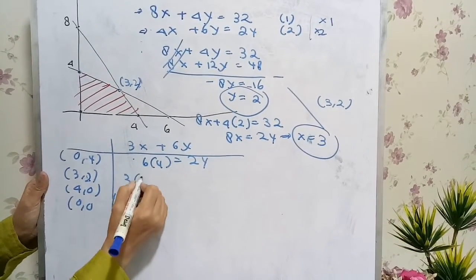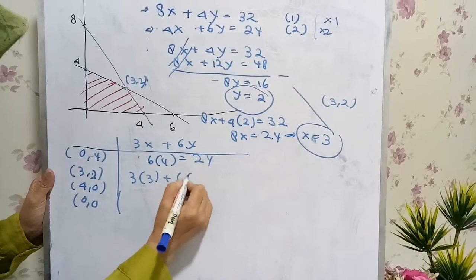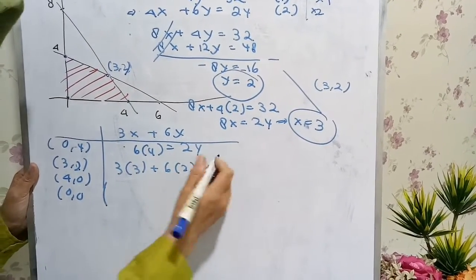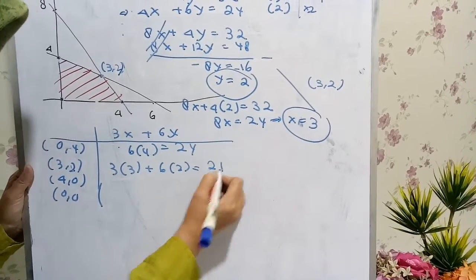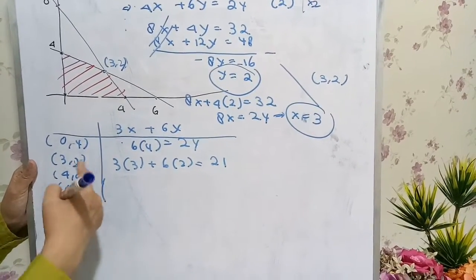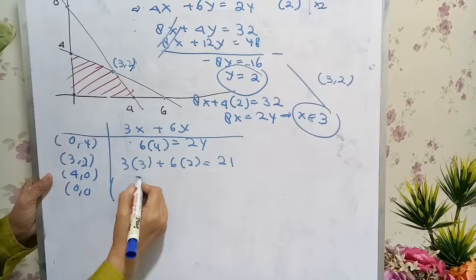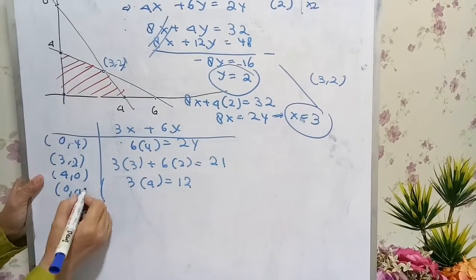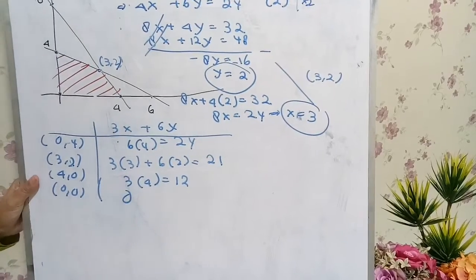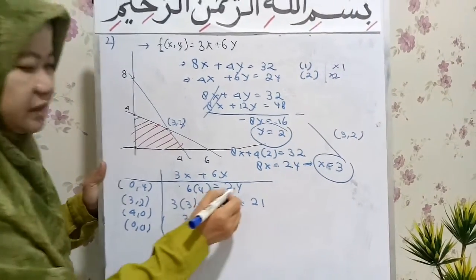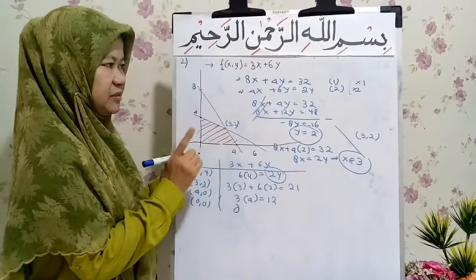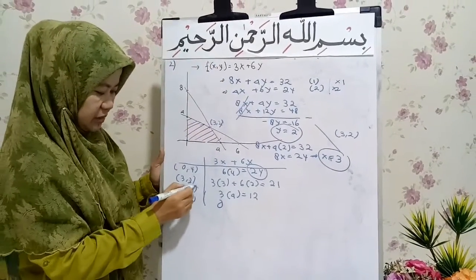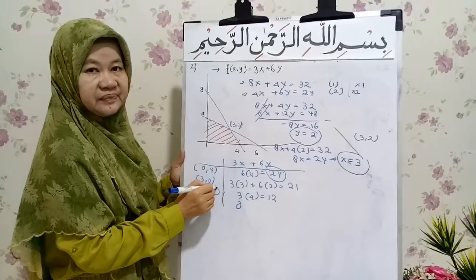This one, 3 times 3 plus 6 times 2 gives 9 plus 12, which is 21. For (4, 0), I don't have to calculate the y, so 3 times 4 gives us 12, and this one is 0. So the maximum is 24. The maximum value of this objective function is 24, at (0, 4).